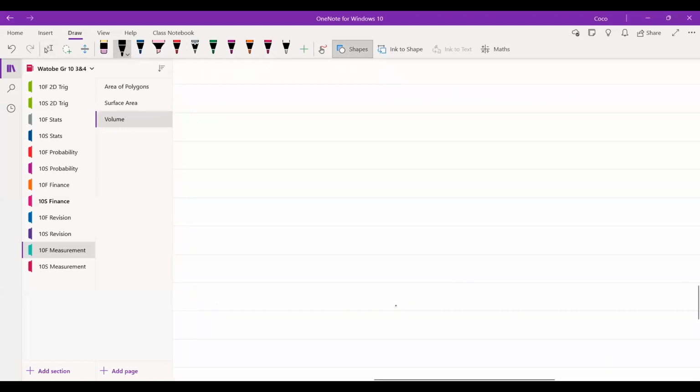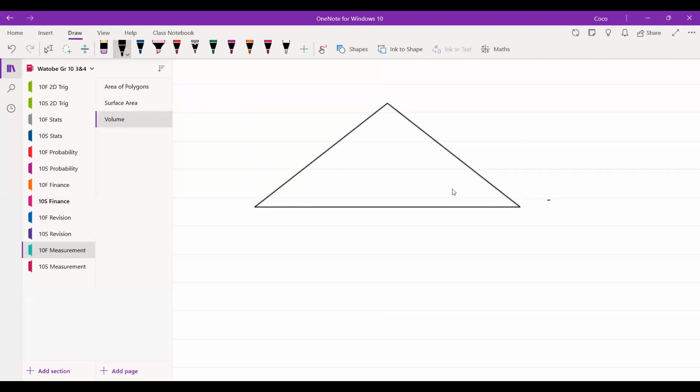If they give us a triangle that looks like this, and they tell me that my base is 10 centimeters, and this side over here is 13 centimeters, and I want to calculate the area of this triangle, the calculation says half base times height.